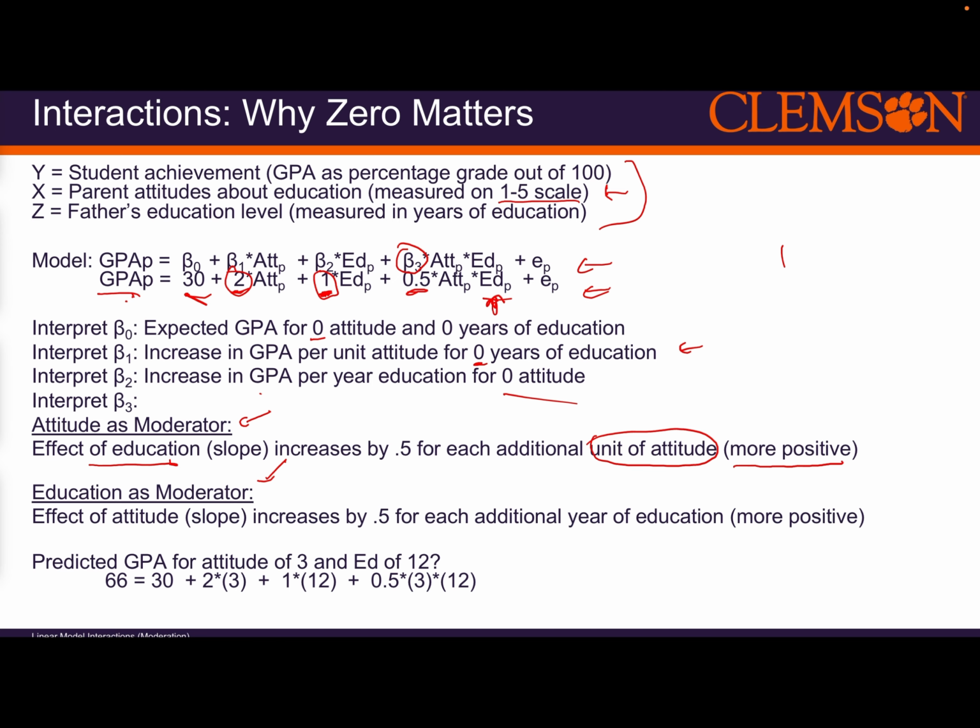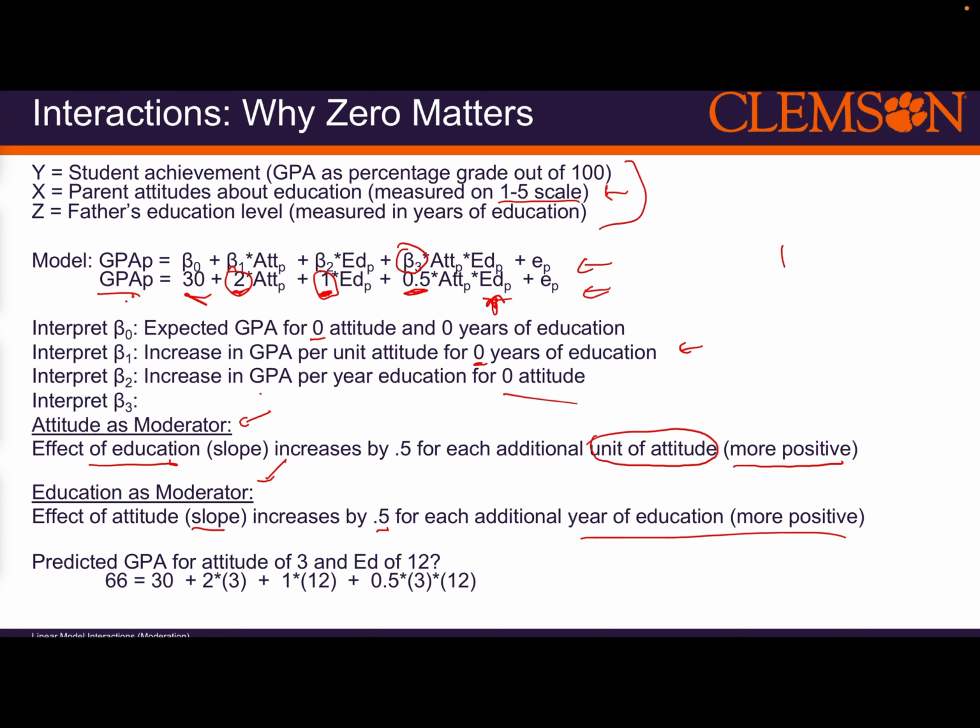Likewise, I can talk about education as a moderator. So now the effect of attitude, the slope of attitude, changes by 0.5 for each additional year of education. That makes it more positive. So for every year of education a person's father has had, that slope goes up by 0.5.